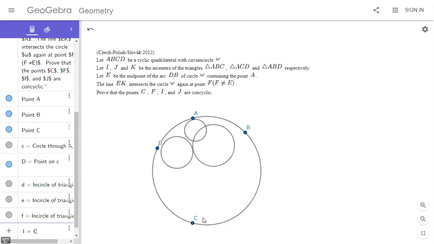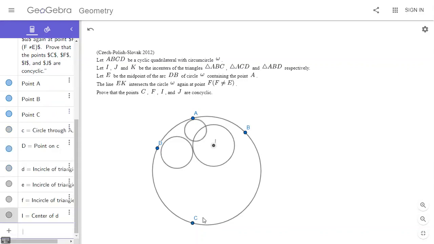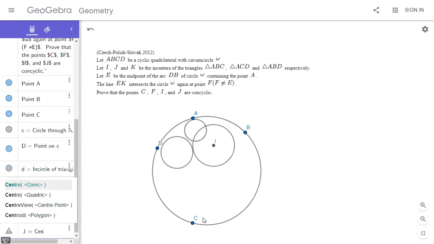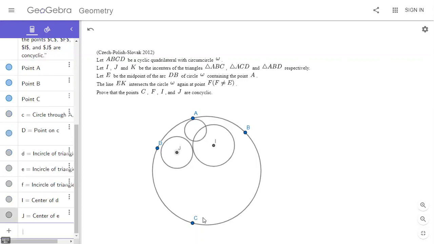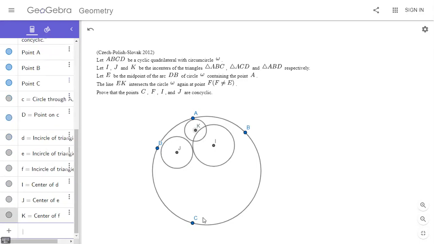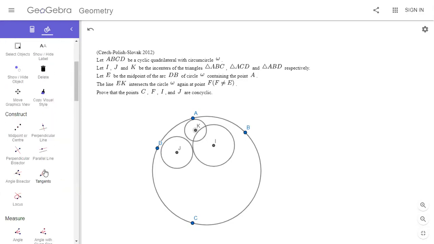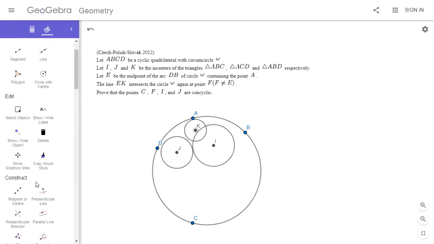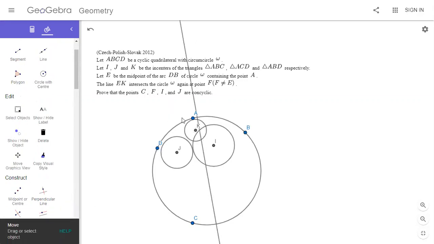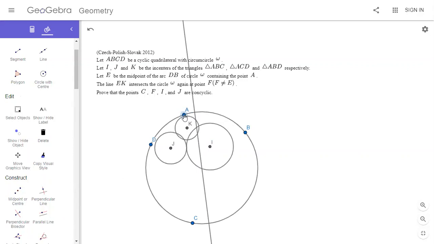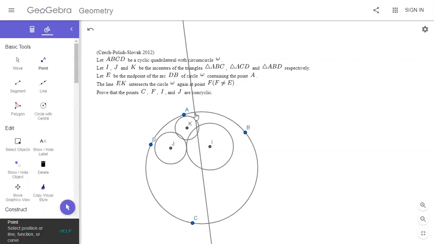So I is the center of the first, J is the center of the second, and K is the center of the third, and E is the midpoint of arc DB. Okay, so I don't want to make, I'm going to draw in some more lines later.